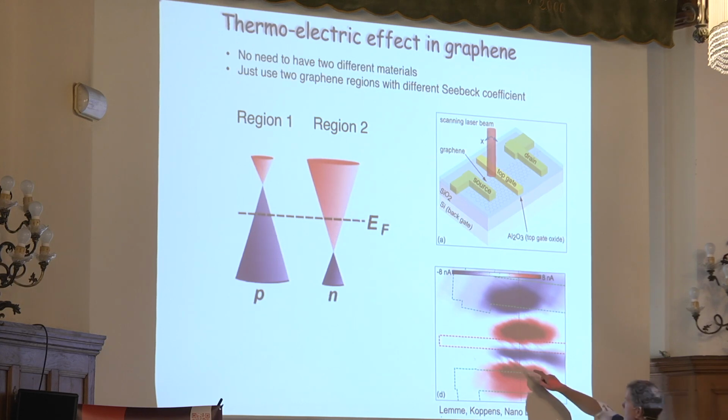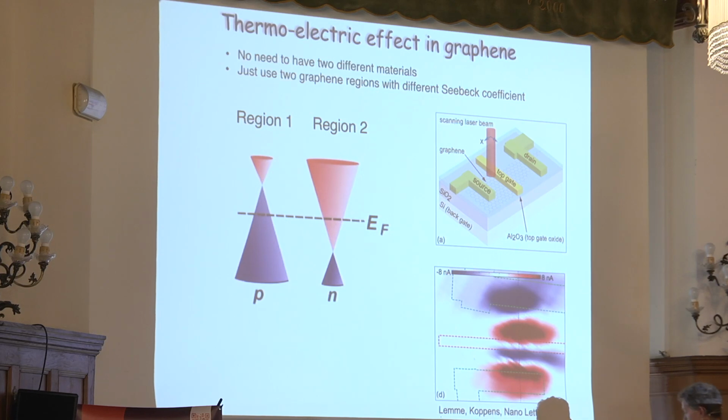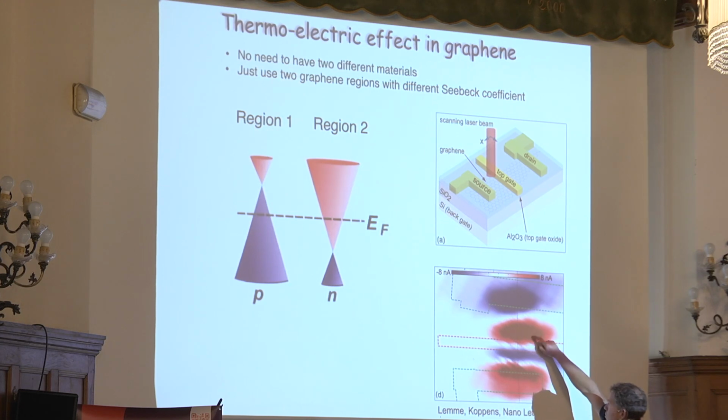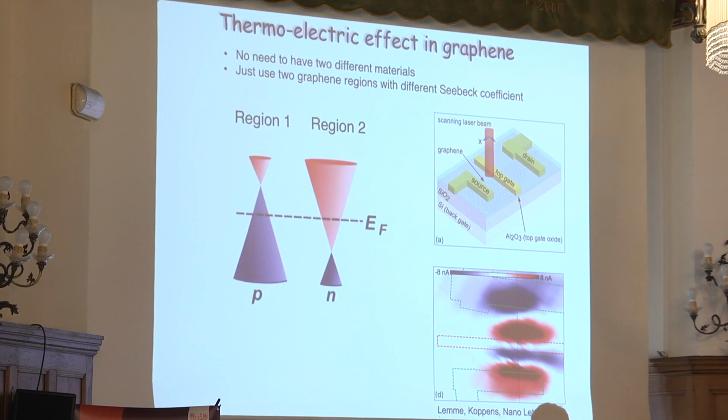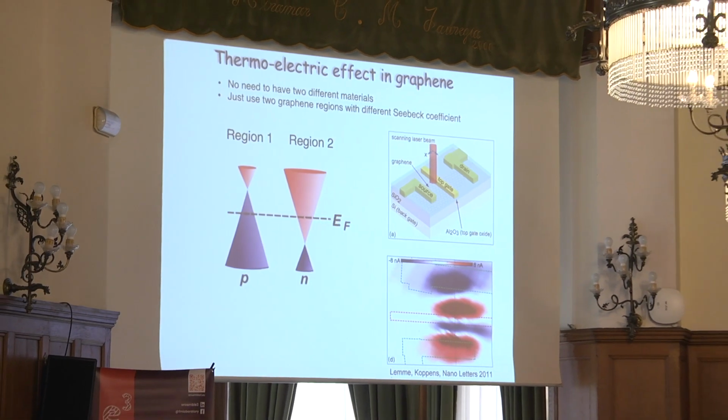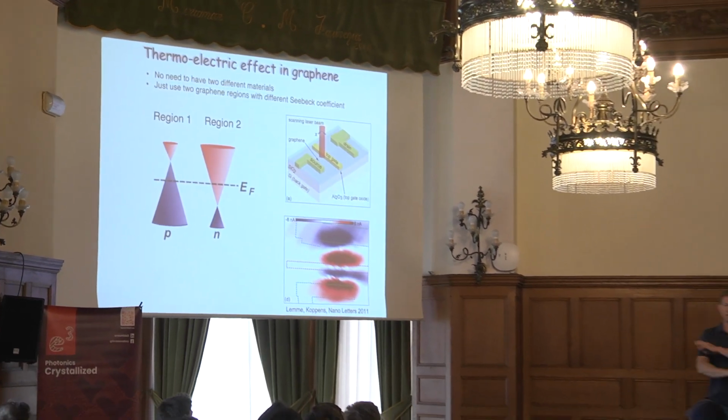And you can see these spots here, and those are actually taking place exactly where the Seebeck coefficient has the strongest gradient, right? So Seebeck is large here and smaller here, and so there's a large difference in Seebeck exactly at this junction.